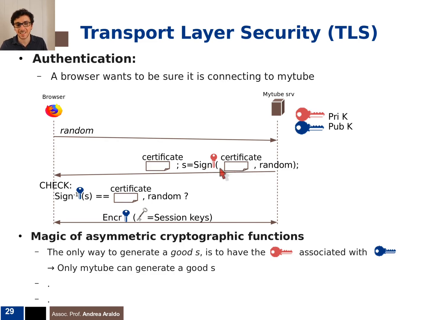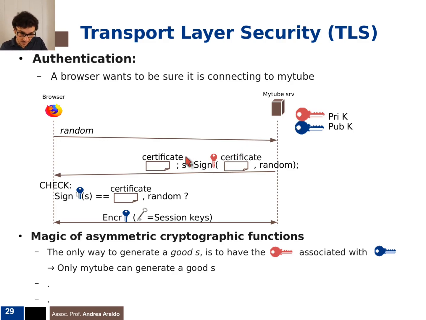Signing means just applying a mathematical function with these inputs, the certificate, we will see what it is, it's not important now, and the random number received. And this function is parameterized with the private key. So actually this signature can be done correctly just by MyTube.